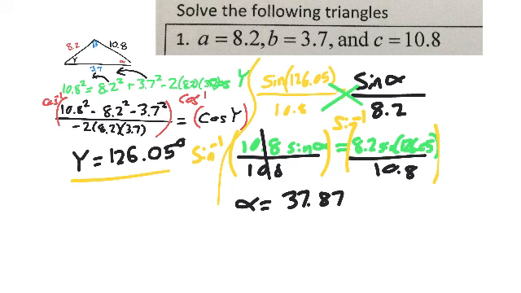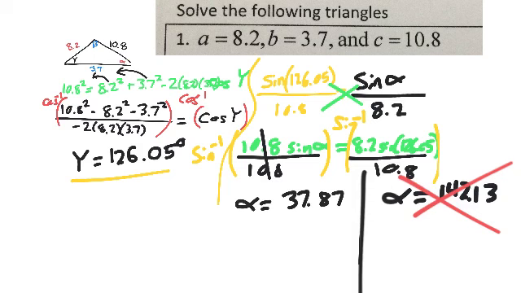Remember, when we find an angle using law of sines, we have to check for two cases. The second case will be alpha equals 180 minus 37.87, which means alpha could be 142.13. But you'll notice, because this is obtuse, there's no way this could be a case. So that one won't work.